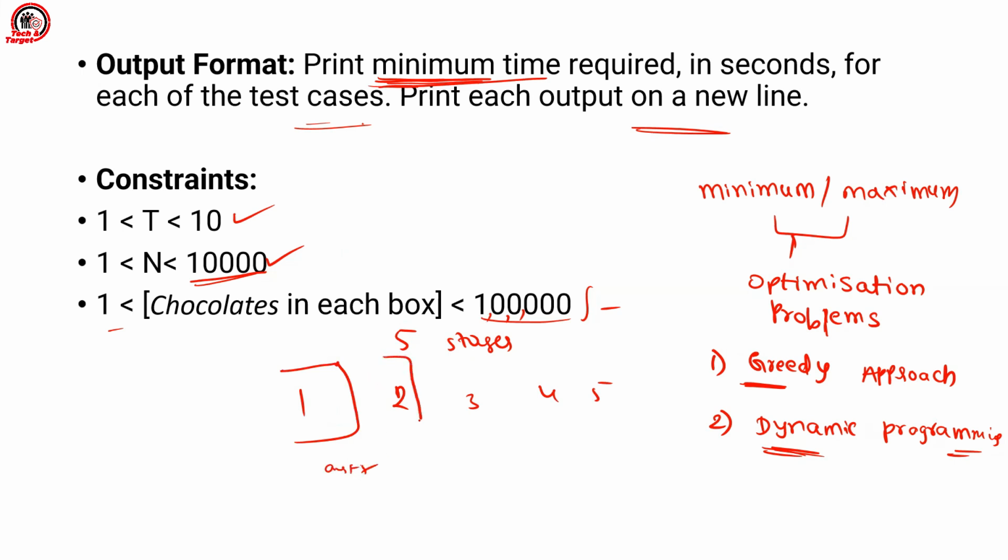Then you calculate the best value or output at stage 2, and you add that to your result. In the same way you calculate the best output at stage 3 and add that to your result. Then you go to stage 4, find out the best output at that particular moment, and add that to your result. And you go to stage 5, find out the best possible output for your question, and finally add that to your answer.